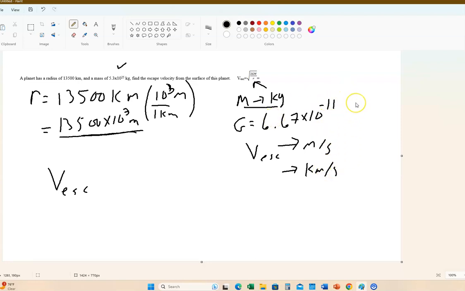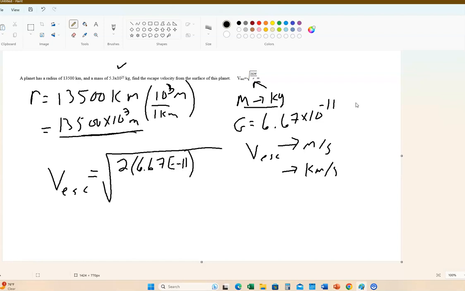Let's do this problem. This is equal to the square root of 2 times big G, which is 6.67 times 10 to the minus 11th. I'm going to use the capital E for the minus 11th; that means the same thing.